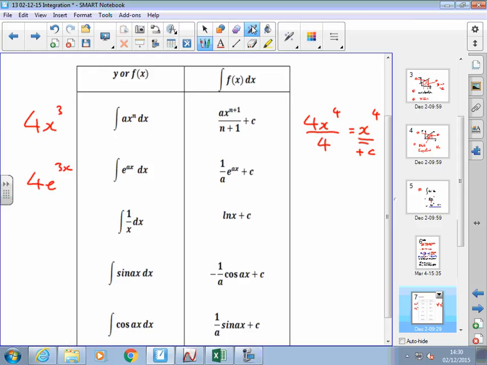Now, if you think of the differential one, in that one, you're asked to bring the a down, whatever that was, and multiply. So if integration is the opposite, it's not surprising that you bring the a out, and instead of multiplying, you divide by a, or 1 over a. So that's where that rule comes from. So all I do is take the power, 3, and divide by that. So I've got 4 over 3 e to the 3x plus c.